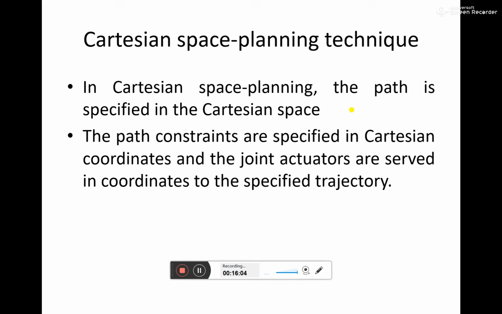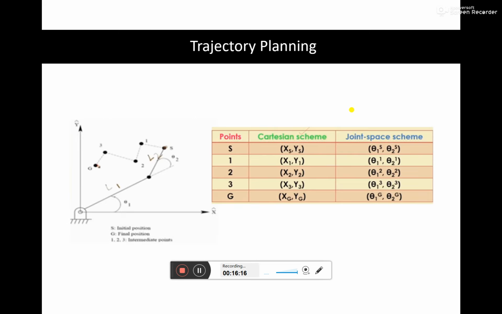Okay, because the path constraints are specified in Cartesian coordinates, and the joint actuators are servoed in coordination to this specified trajectory. So this is the difference you can see between the Cartesian scheme and the joint space scheme.